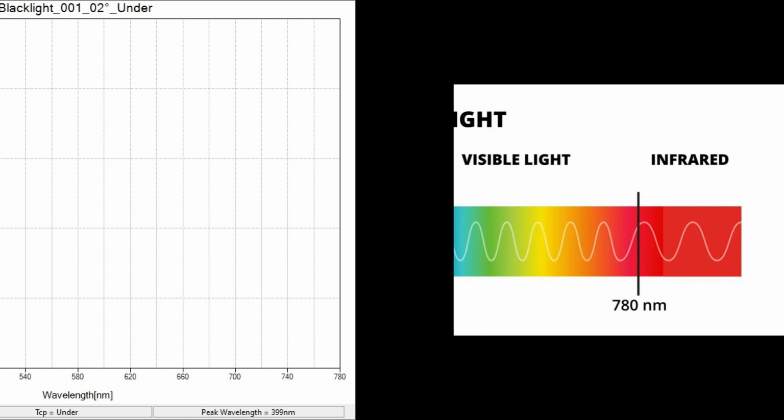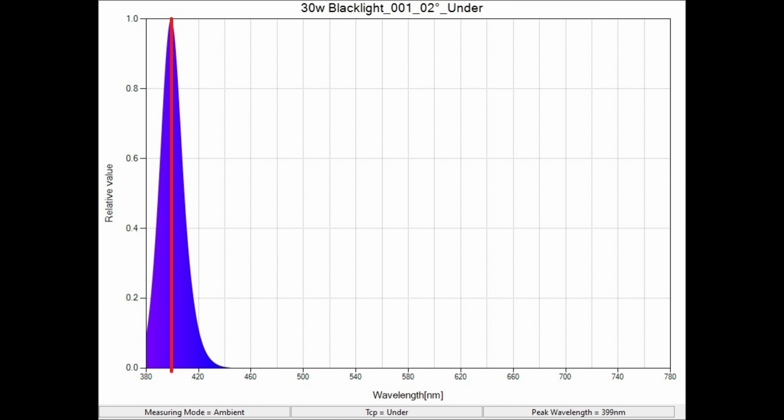Just like regular lights, black lights give off a range of light, which tends to peak at a certain wavelength. This peak is the number they're usually advertised at, if manufacturers disclose the number at all. Because this is the peak wavelength, and because they are not perfectly efficient, they also produce energy on both sides of the peak.